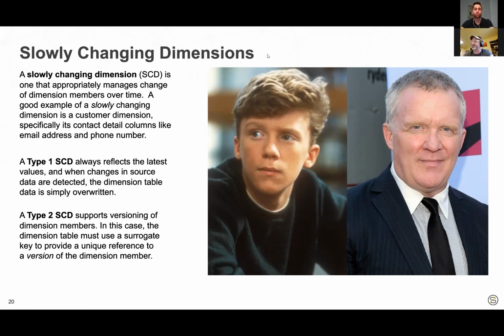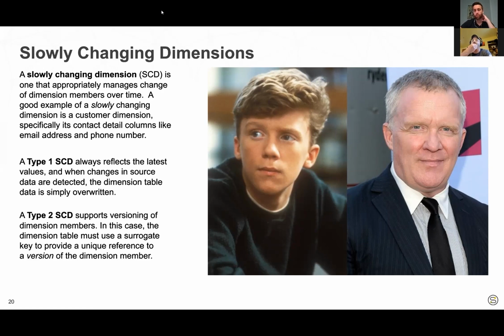And this is the idea behind slowly changing dimensions, where we might have the same members over time, but those members are going to change. So, for example, in a customer dimension, contact details might change, and we might want to keep the old values, but make sure that we are able to reference the different versions.